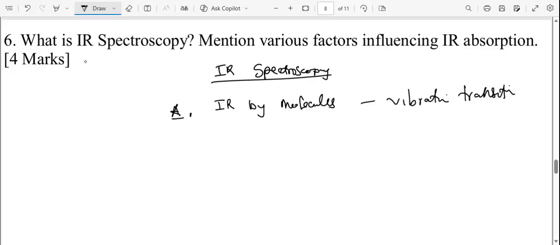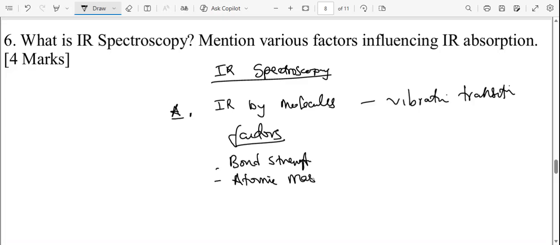Now let's talk about the factors that affect this absorbance or vibration or transition, change in vibration, change in rotation: bond strength, atomic mass, and conjugation.